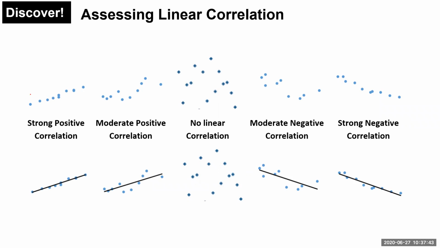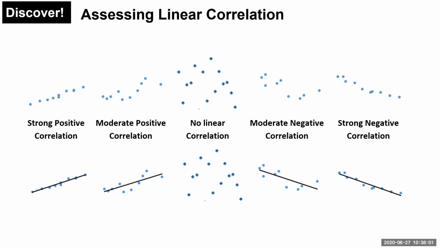So we want to assess the linear correlation. Now, this is data we have. So this is a scatter plot. So when you put the pair of coordinates on the graph, this gives you a scatter plot. Okay, so we're going to use this to determine the behavior of the trend.